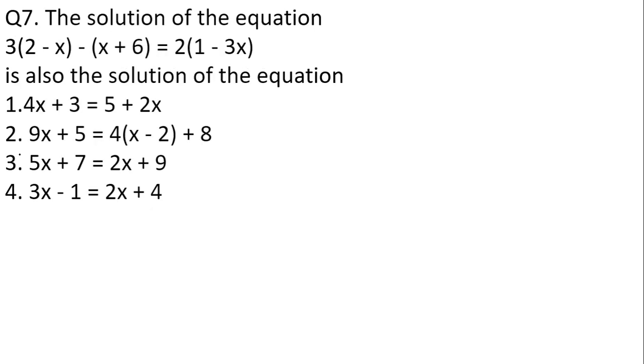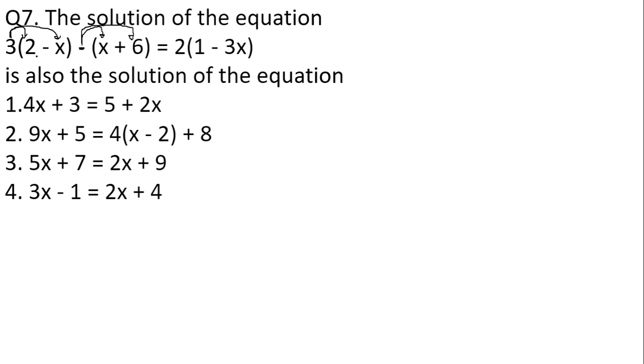The solution of the equation 3 into (2 minus x) minus (x plus 6) is equal to 2 into (1 minus 3x). Okay, so solve this. Simply what you're going to do is multiply this 3 with the 2 and x, and simply multiply this minus sign with the given bracket.